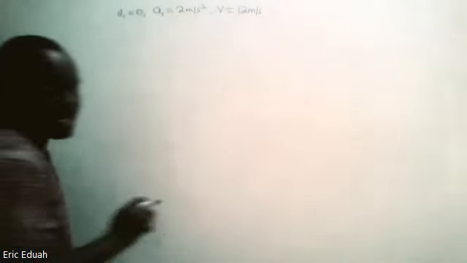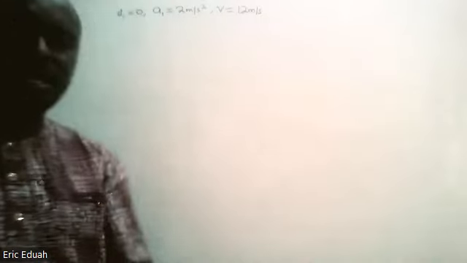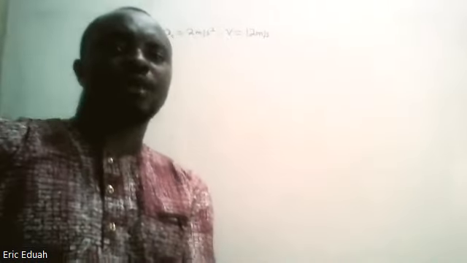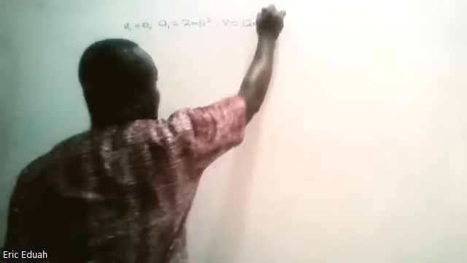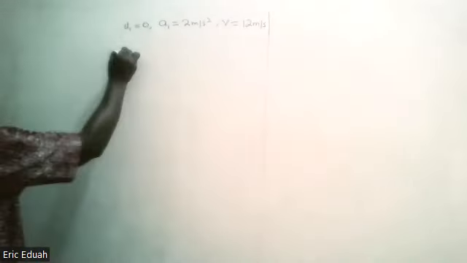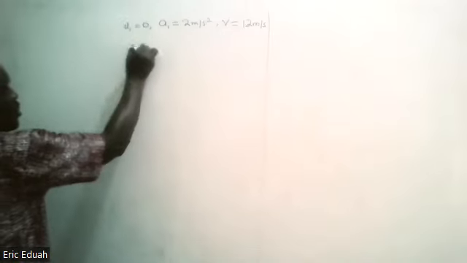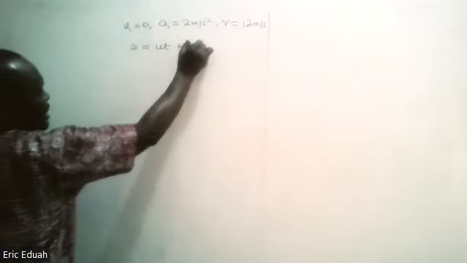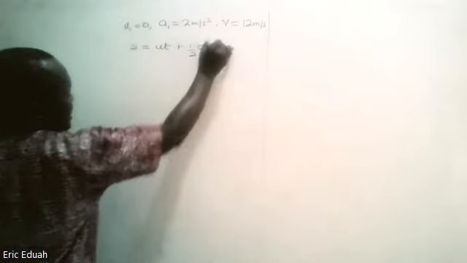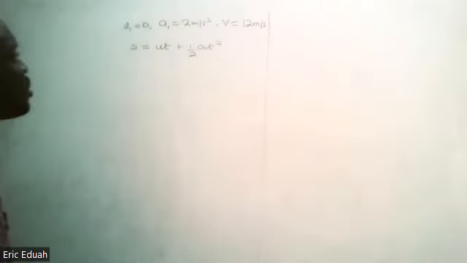To determine the distance covered in the first part of the motion, using x is equal to ut plus half at squared, I can determine it because I have everything.